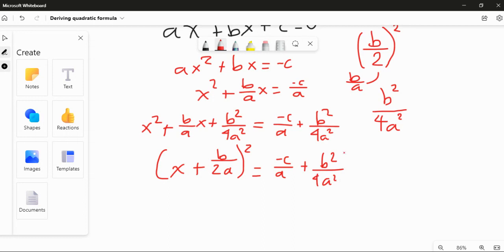Now we're going to get a common denominator for the right hand side, so we make this part also 4a squared. So we have to multiply by 4a: 4ac all over 4a squared. Since these two will cancel, it will be negative 4ac, then we're just going to add that to b squared, and you can see that brings us here.